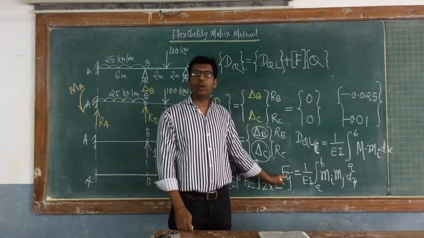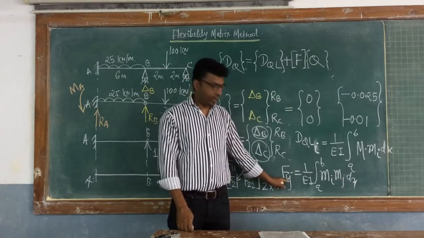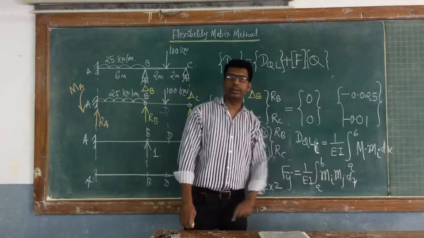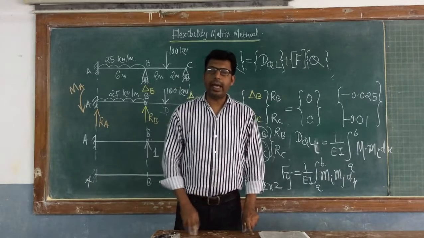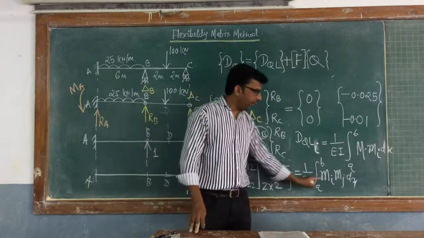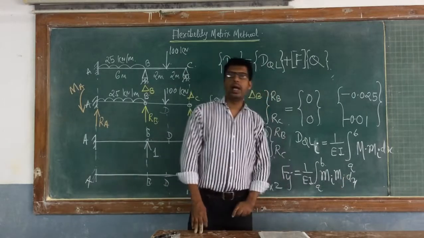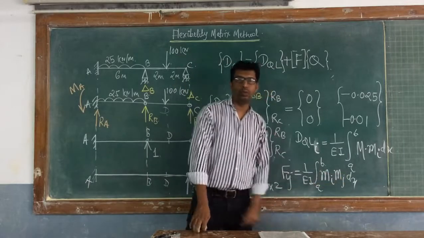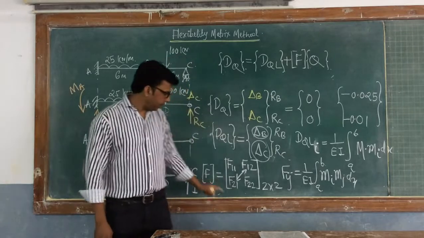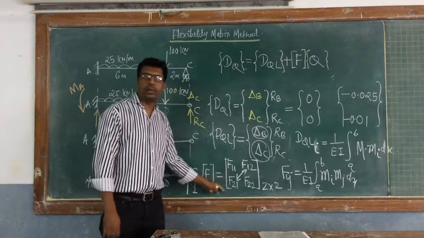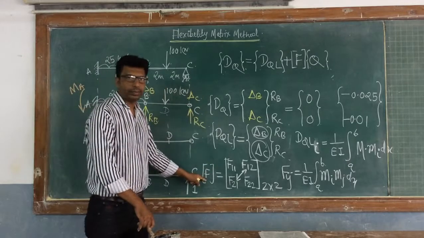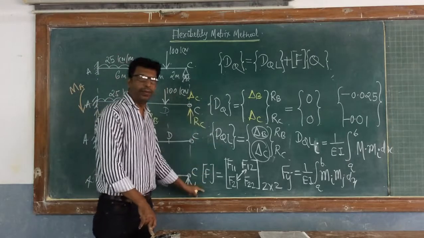It means if you want to calculate F11, i equal to 1, j equal to 1, it becomes m1 into m1. If you want to calculate F12, it becomes m1 into m2. And if you want to calculate F22, it becomes m2 into m2. Okay? So like this we have to find the coefficients of the flexibility matrix. So 3 vectors we have to calculate: dq, dql and F.